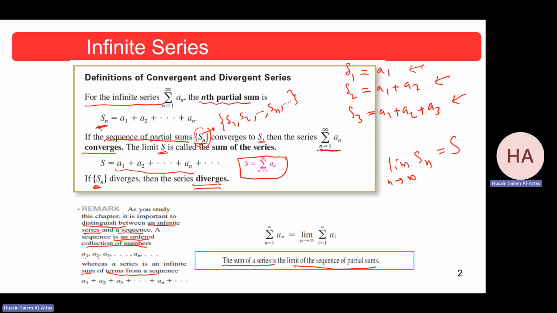If that is equal to a value S, then that will be the sum of the series, and we say the series converges. If this limit diverges, then we say the series diverges.